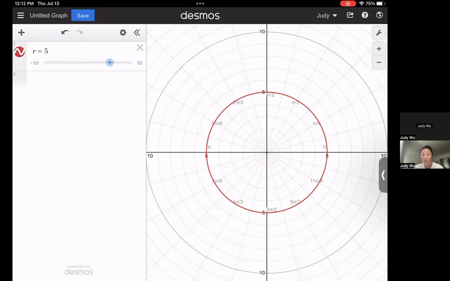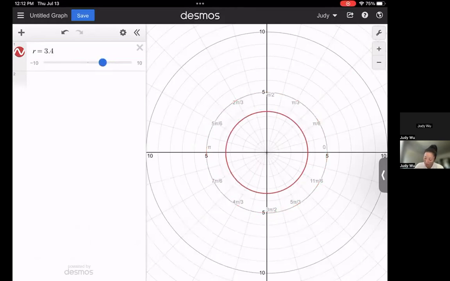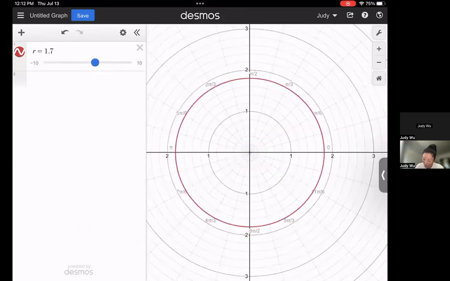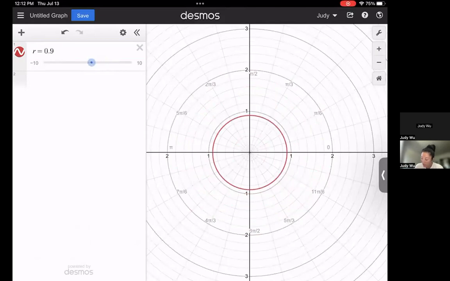It is centered at the origin, and it has a radius of 5. Well, what happens if I change that? Maybe I change it to 1. Now, if I zoom in here, I've got a circle that has a radius of 1.